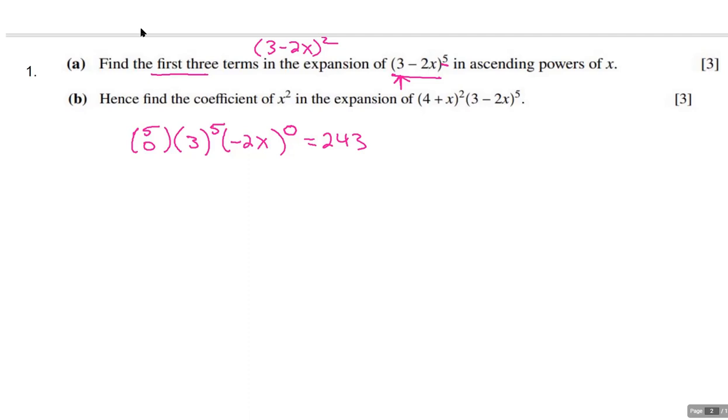Now notice how they say do it in ascending powers of x. My experience is that typically you're not going to have to do anything weird to make that happen. They're only saying it in this case because typically we write polynomials in descending order, going from the biggest power to the smallest power. Here they're saying you're going to go from the smallest power to the biggest.